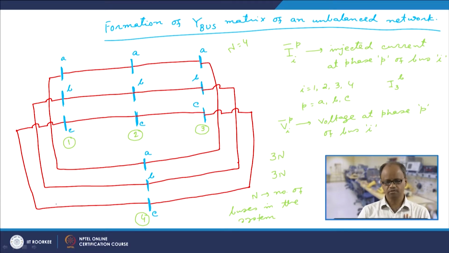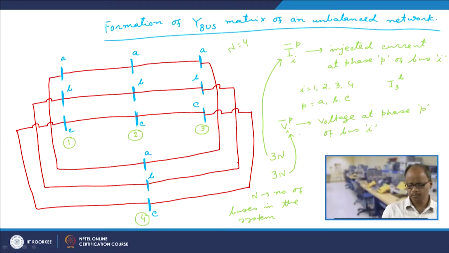We also notice that in contrast to the single phase case, in the case of a 3 phase unbalanced system there would actually be 3n injected currents as well as 3n voltages. So the total number of injected currents is 3n and the total number of voltages is also 3n.